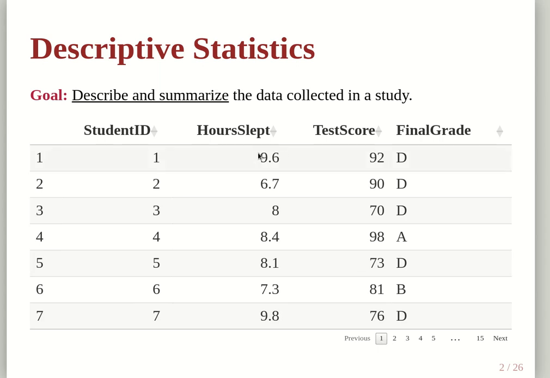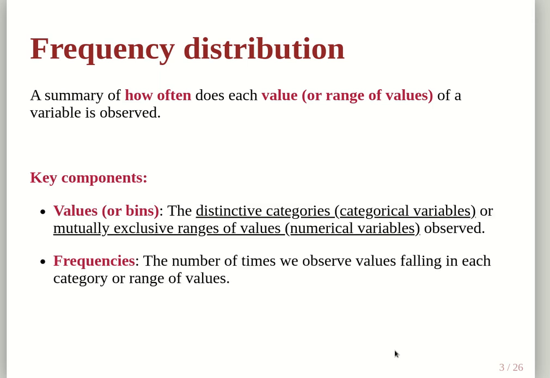Instead, I might construct meaningful ranges of values and then just clamp together all the values that appear within each particular range or bin, which is going to be the word we're going to be using all throughout this lecture.